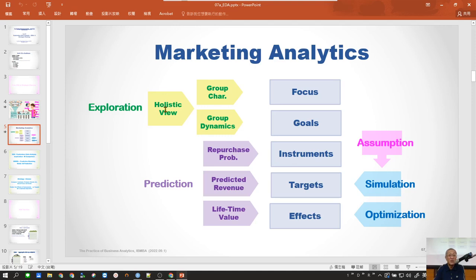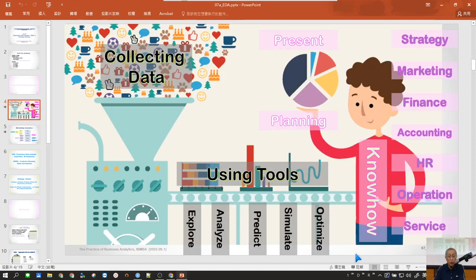Right? So the tools that we are learning in this course can only be helpful when you apply them with your managerial knowledge, with your business mindset, right?